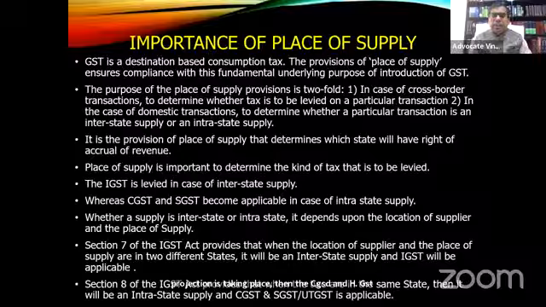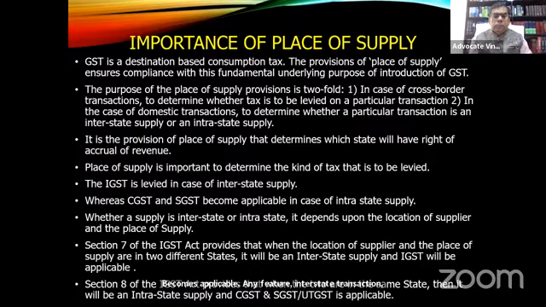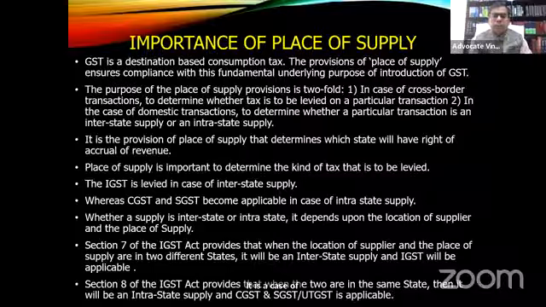And if it is an inter-state transaction, then it is a case of levy of IGST. Now here also, one of the fundamental mistakes which people make is that just because the buyer and seller are in two different states, they presume that it is an IGST transaction.